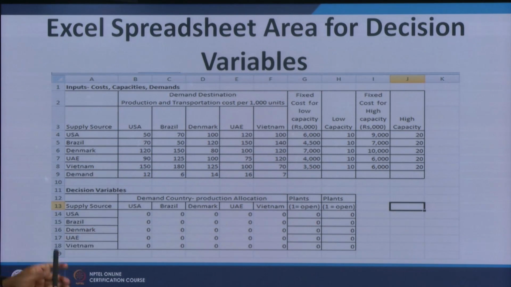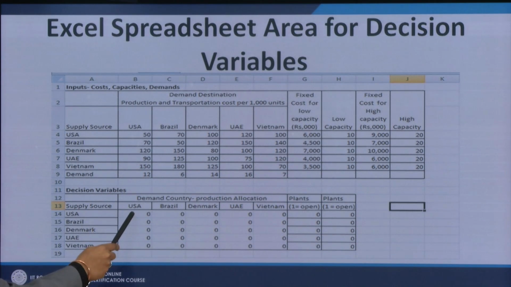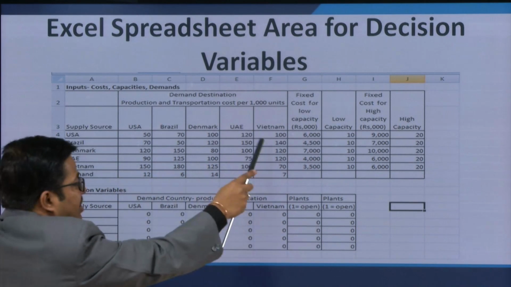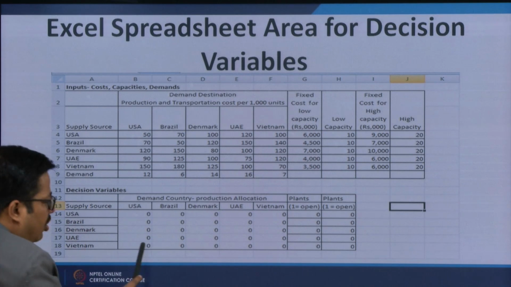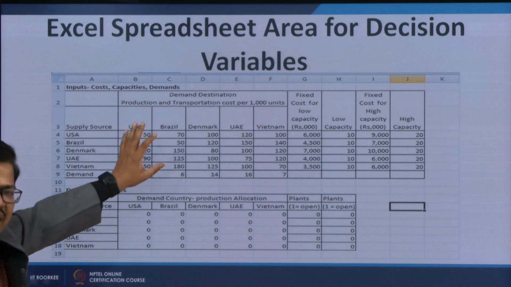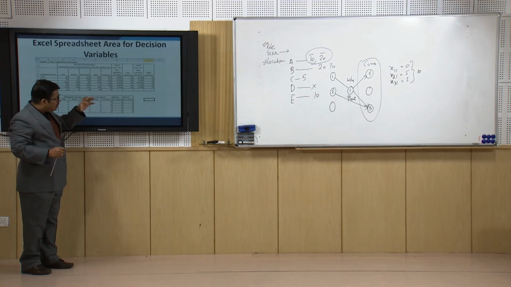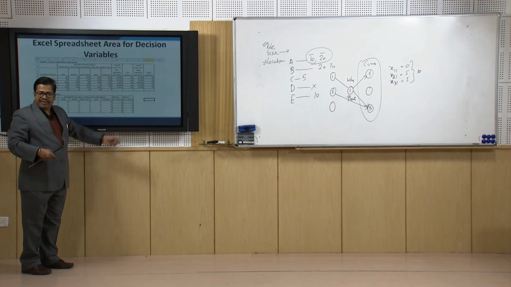So this cell B4 needs to be multiplied by B14, and similarly all these cells need to be multiplied respectively in this portion of the table. This is one type of cost, which comes because of production and transportation. The second cost comes because of developing a facility, because of the opening of a facility.